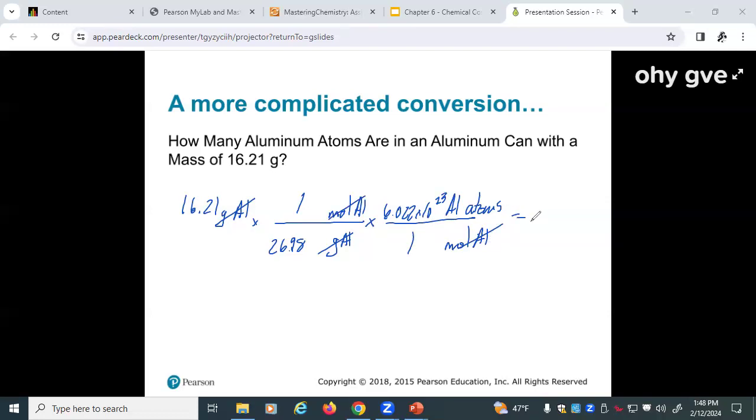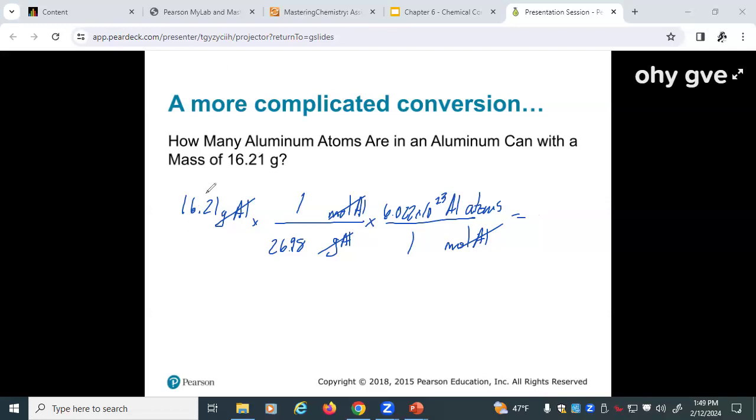So in total, I have 2 sets of calculations to do. Now, because I'm doing dimensional analysis, I can do all of those calculations at once. I just need to multiply across the top and divide across the bottom. So 16.21 multiplied by Avogadro's number, divided by 26.98.